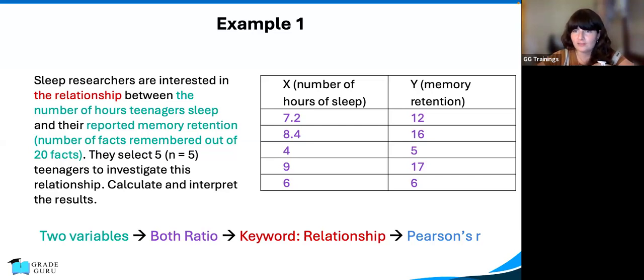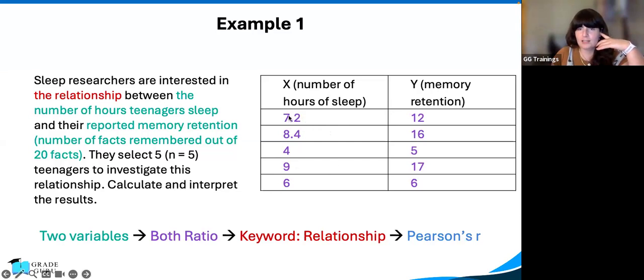Okay, what level of measurement are those on? Now in SPSS, you're often going to have to investigate this in your data set. You're going to have to look at the label, look at the value labels and be like, cool, is it categorical, continuous, what? As you can see from the information provided here, and this is more for your exam, by the way, you can see that number of hours of sleep represent precise numbers, okay?